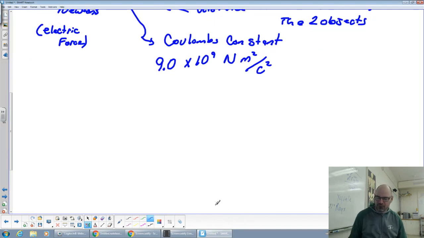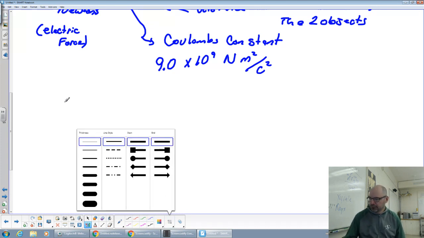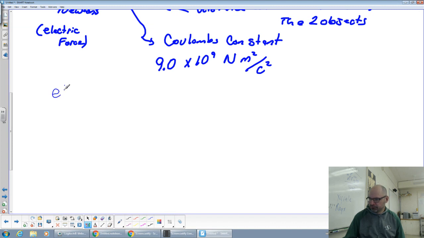Okay, so the first example we're going to do is of collinear point charges.